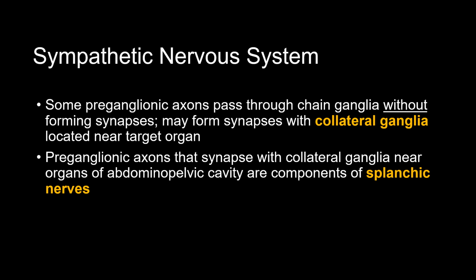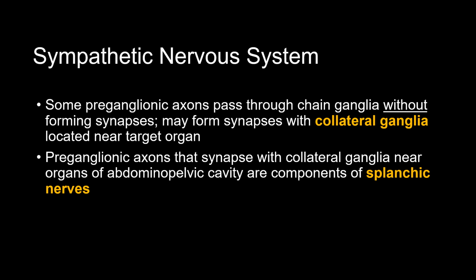Now, some preganglionic neurons pass through the sympathetic chain ganglia without synapsing. They go directly onto the cell bodies in different chain ganglia, or they go onto collateral ganglia, many of which are located near the target organ. Many collateral ganglia are located near the aorta, and for this reason they are called pre-aortic ganglia.